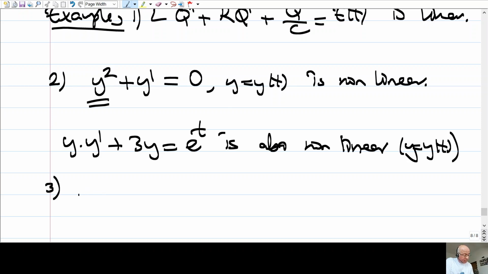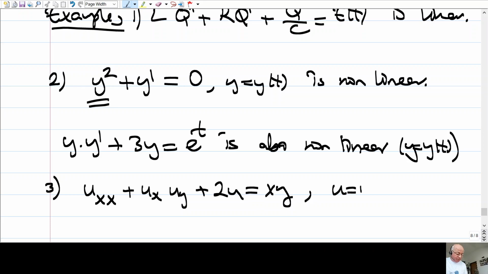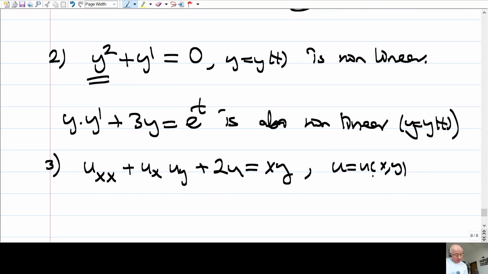Or we may have something like this. Let's say u_xx plus u_x times u_y plus 2u equals, let's say, x times y. Here, u is a function of two variables and it involves derivatives with respect to more than one variable, x and y. So this is a partial differential equation. The highest order derivative term is the second derivative term, this term. Therefore, this is a second order partial differential equation.